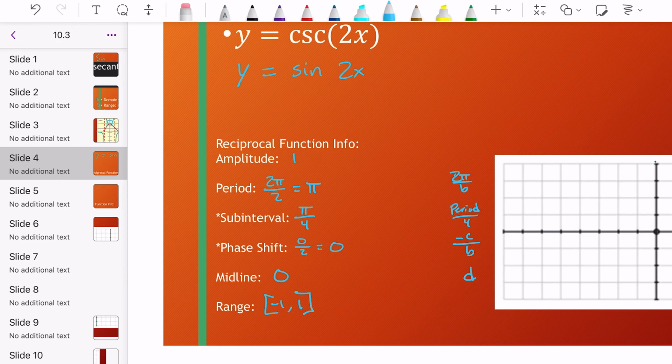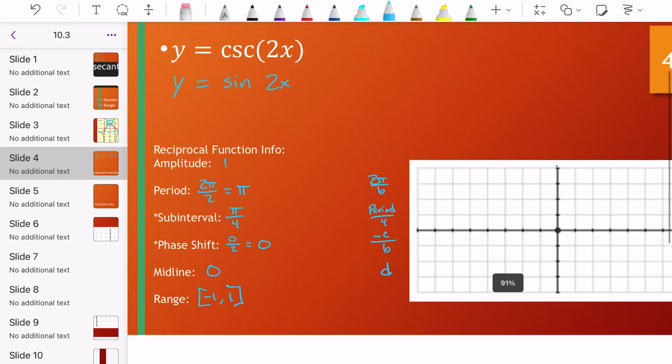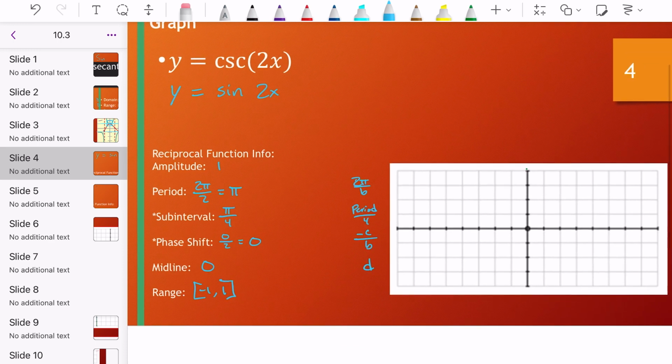From this point, once you have all of your information, you're going to go ahead and graph it on the right-hand side. First thing you're going to start off with is your midline. Now that midline, you're going to draw that horizontal dotted line to represent that being the midline.